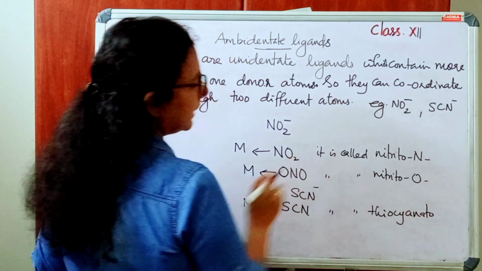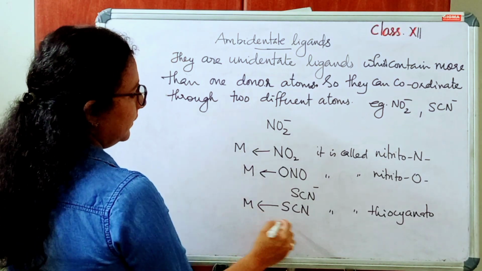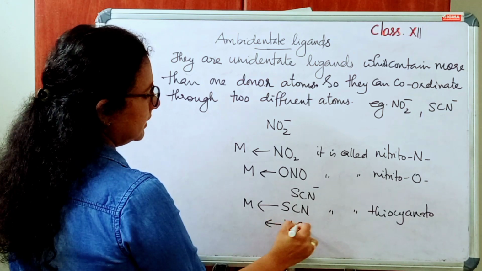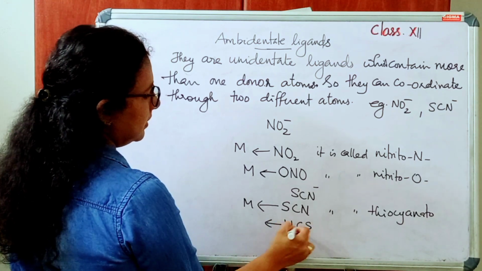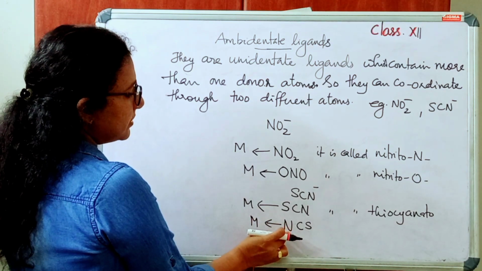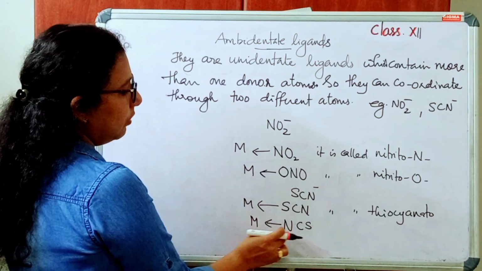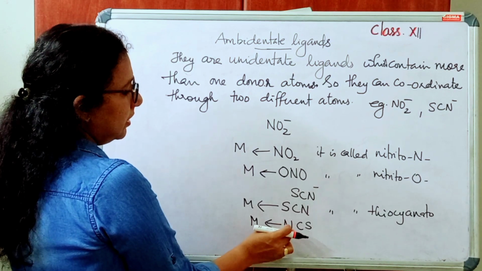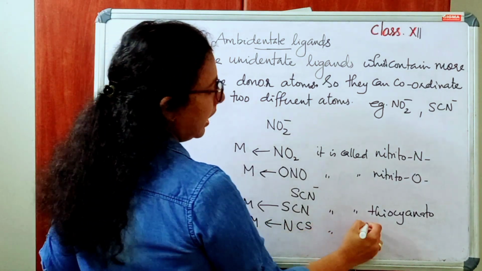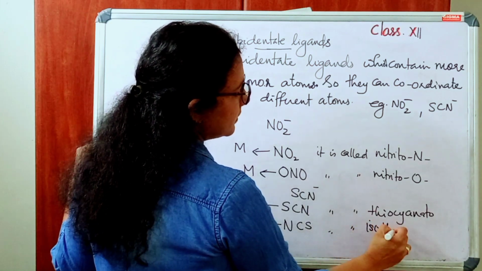If it coordinates through nitrogen, it is written as NCS. Here nitrogen gives electrons to the metal, or the ligand coordinates through nitrogen. So it is called isothiocyanate.